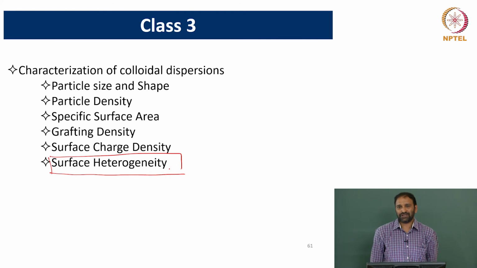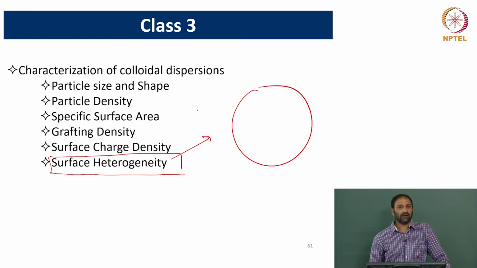Surface heterogeneity. So she is saying that, look, I have a particle, and some of the surface may have positive charges, and some of the surface may have negative charges.